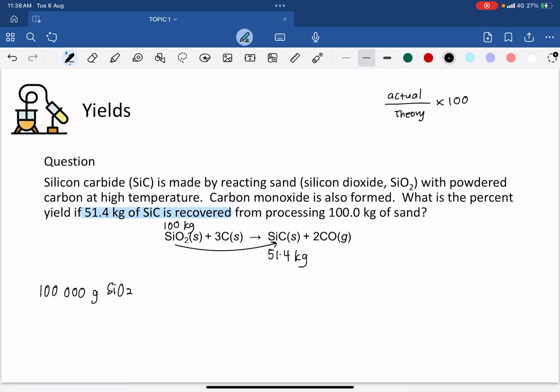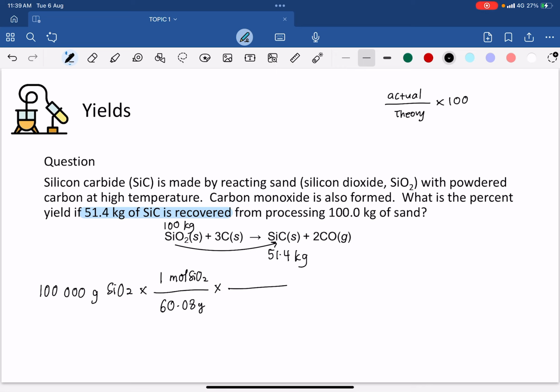We start from there. Okay, so the first one is I want to convert our mass into mole, meaning that we need to divide by the molar mass. So what is the molar mass? In 1 mole of silica dioxide, there are 60.08 grams of silica dioxide.